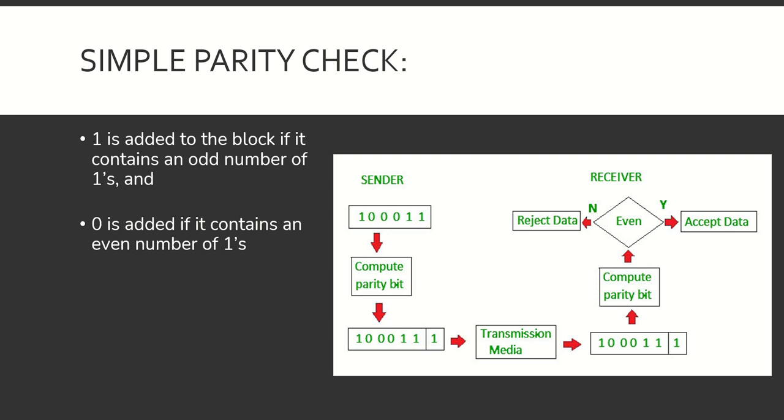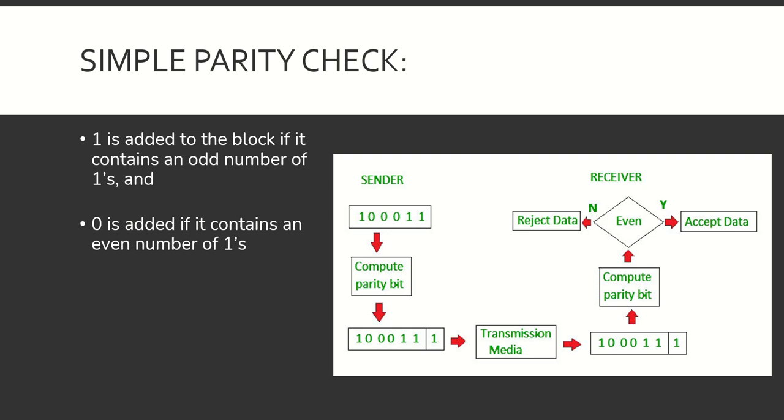This scheme makes the total number of ones even. That is why it is called parity checking, as you see in the figure. Sender has 10011, then after that compute the parity bit, then we add 1, then transmit over the media, and it is an even parity.